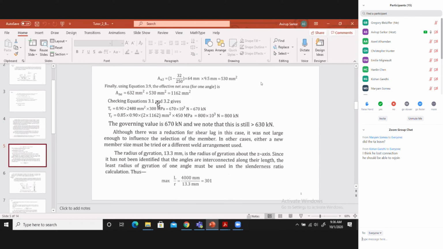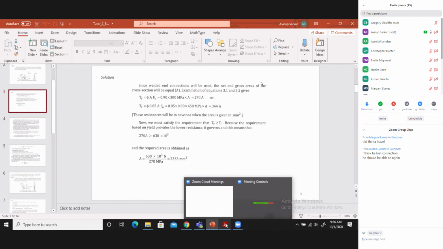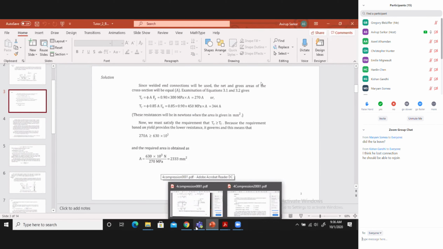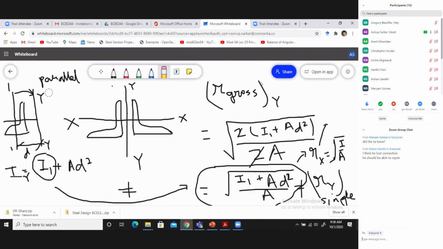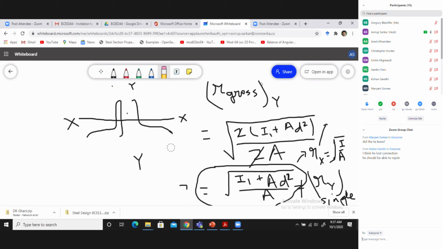Okay. So when the R is calculated, you can simply go around calculating the maximum slenderness ratio, that is the L by R ratio, and check whether it is less than 300 or not. So this was some background. So finally, what are the steps involved in the design of a tension member using welds?